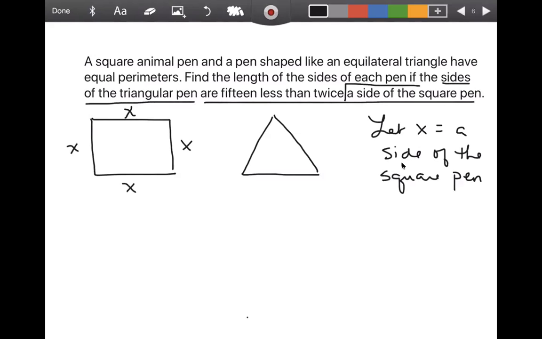So by calling this thing X, we can say that a side of the triangular pen is 15 less than twice X, which is 2X minus 15. Equilateral means that all three sides have the same length.